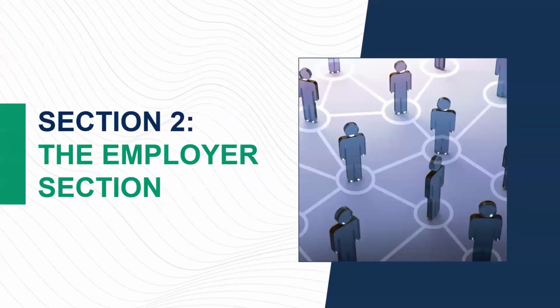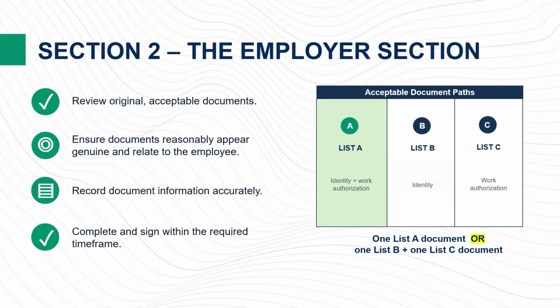So let's talk about the employer section. So you are to review the documents that they give you. You are to ensure the documents reasonably appear genuine and relate to the employee. You're going to record the document information accurately, and you're going to complete and sign within the required time frame. So we'll look at this in a minute. There's a list A, a list B, and a list C of documents.